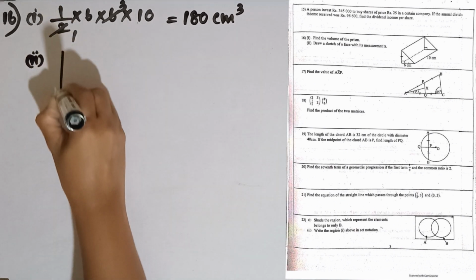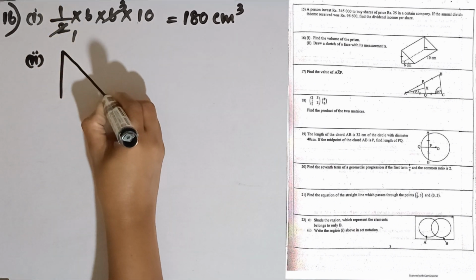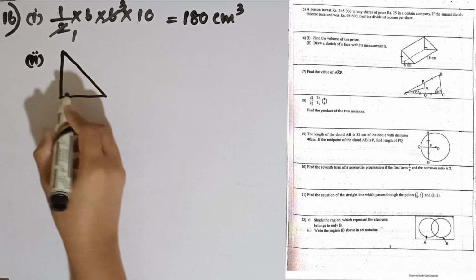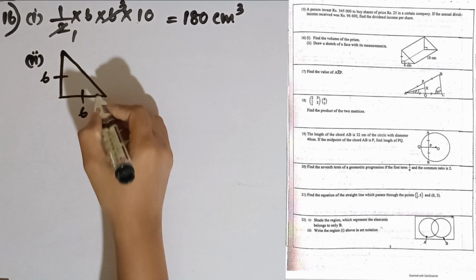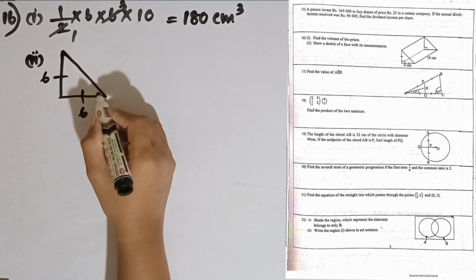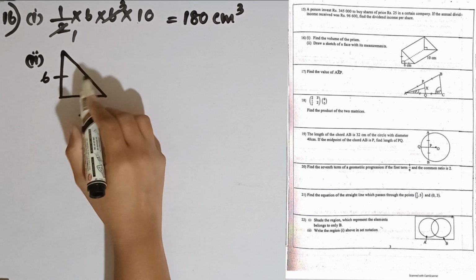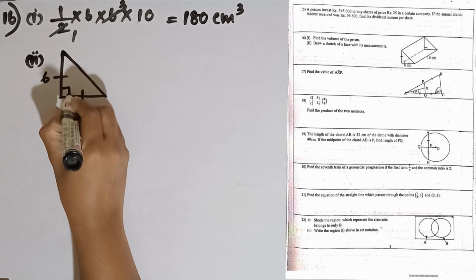Second part, draw a sketch of a face with its measurements. We'll take the cross section, that is the shape of a triangle. Here we have to find the hypotenuse of this triangle. This is 90 degrees.